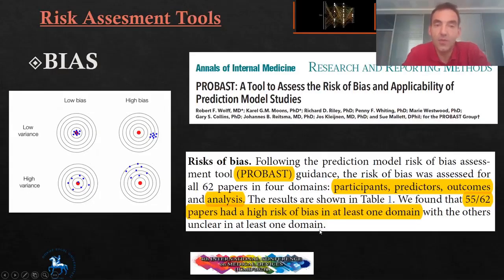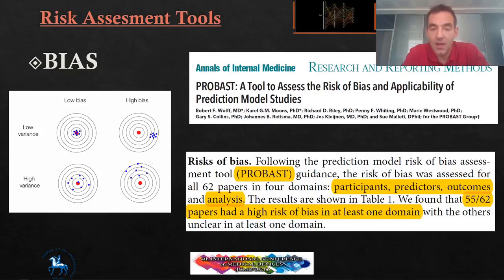And also another important point is the risk assessment tools. And we know that one of the biggest risks is the bias of our data or the bias of our model. Now, this COVID-19 article evaluates the risk of bias by using a tool called PROBAST, which is a tool to assess the risk of bias and applicability of prediction model studies.